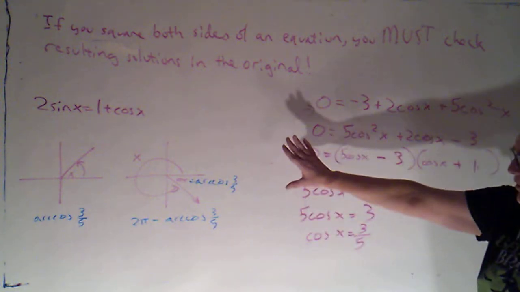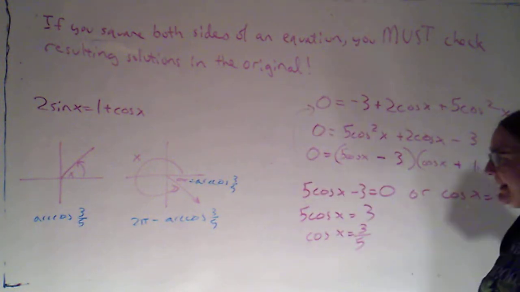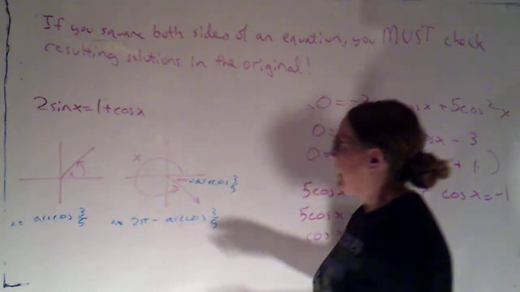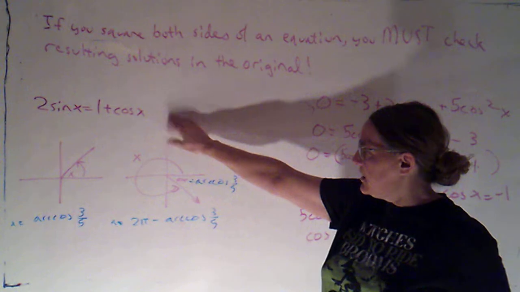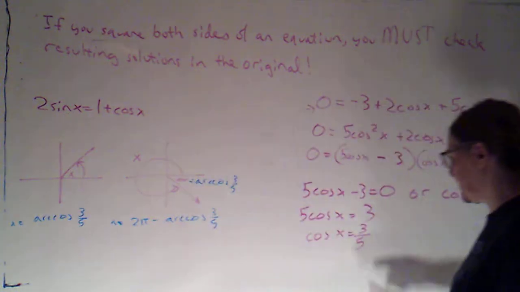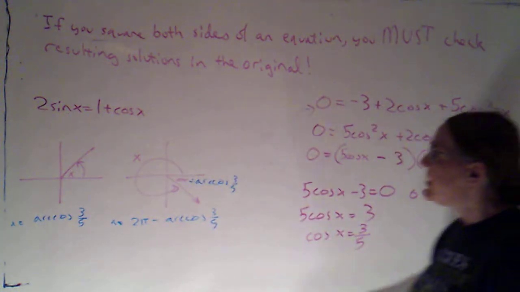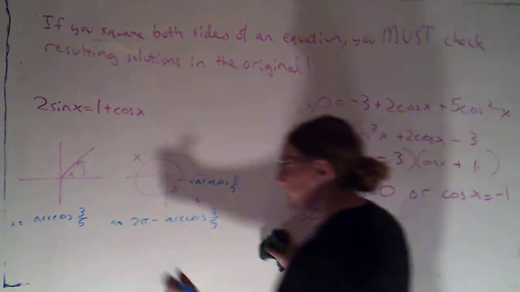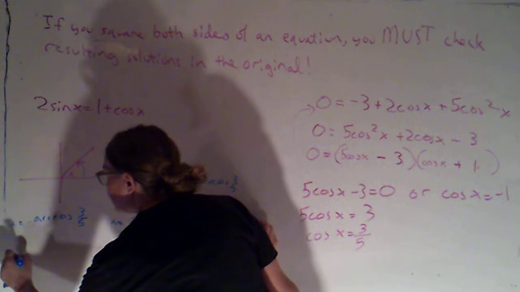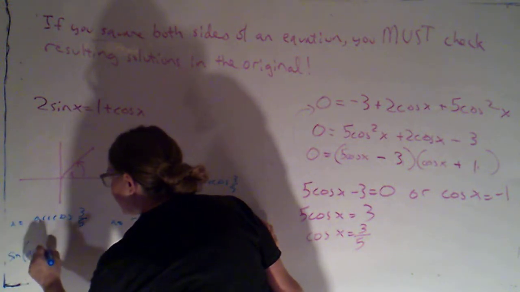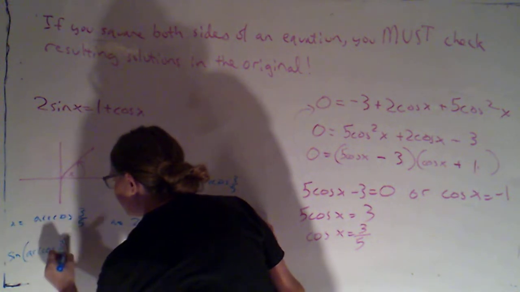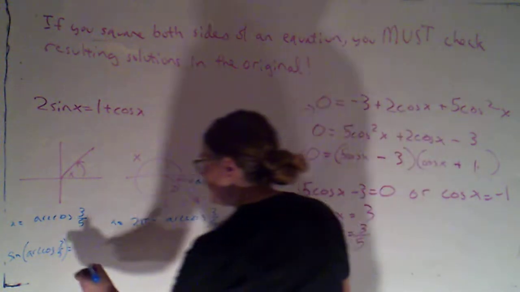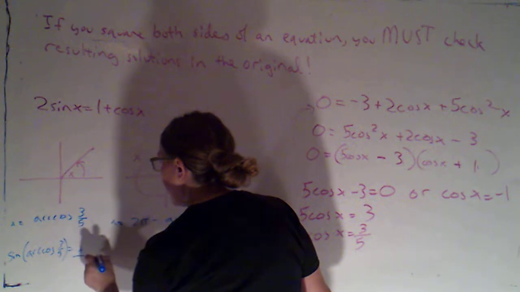Now, notice, in order to be able to plug in to things, I'm going to need to know both what cosine x is. Now, that's pretty straightforward. That's 3/5. But I'm also going to need to know what sine of x is. So, here, I would say sine of arc cosine of 3/5 is, and I'm just going to use the picture. I'm in quadrant 1, so I know it's positive.